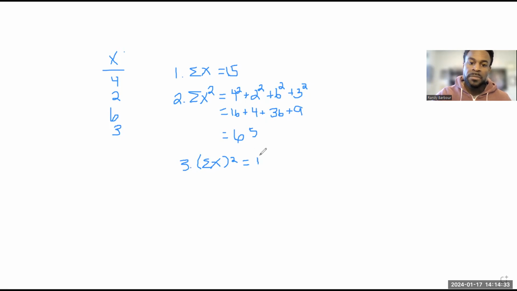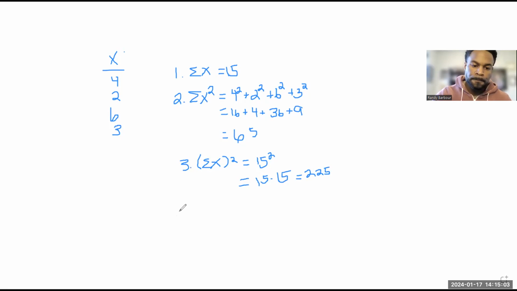So it'd be 15 squared, which is just going to give me 15 times 15, which should give me 225. Okay, so that is number 3.